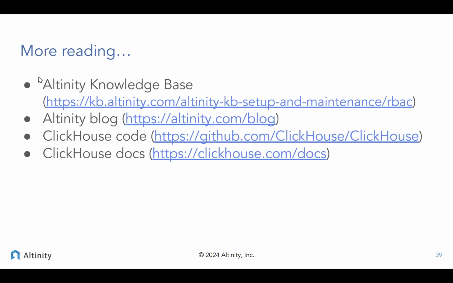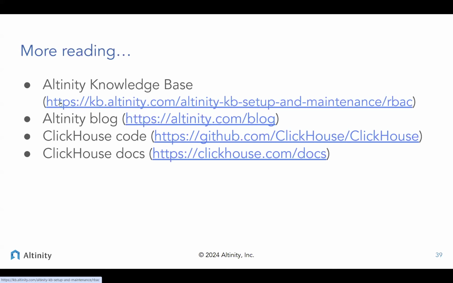There are a bunch of additional places where you can get knowledge. I've given citations to the Altinity knowledge base. This is just notes that we have whenever we answer support cases, so we don't have to keep repeating ourselves. It's basically the raw notes. We do clean them up a bit from time to time, but this is a great place to get actual information about particular things.